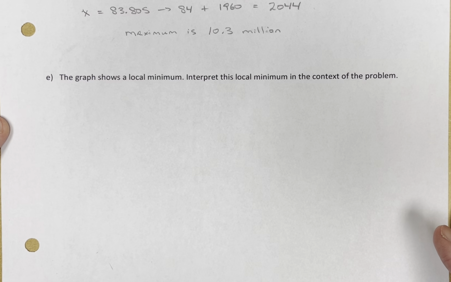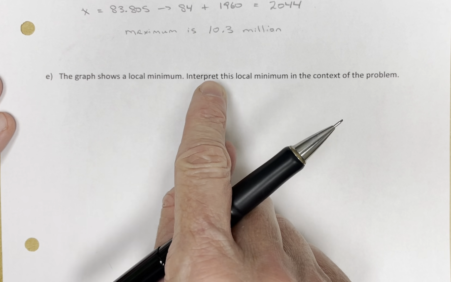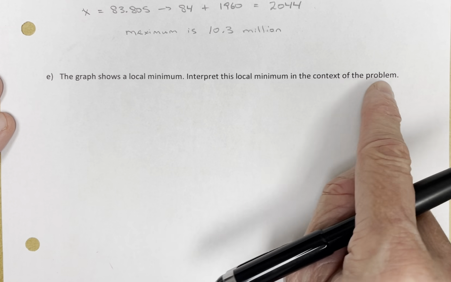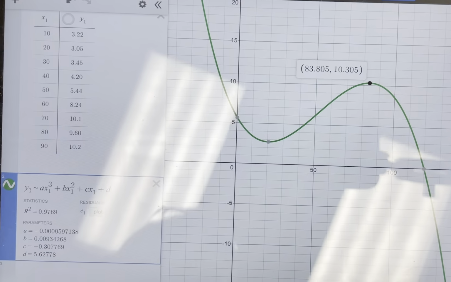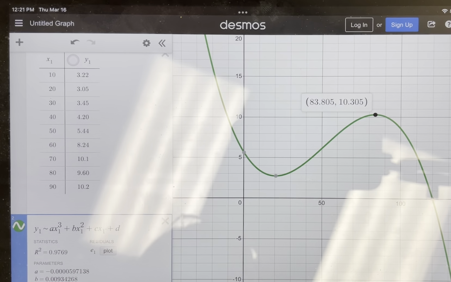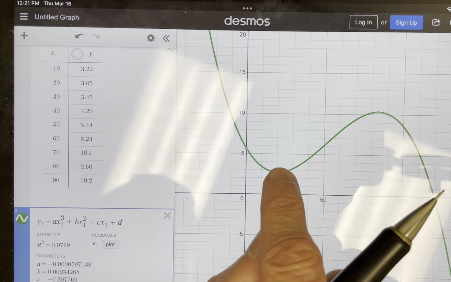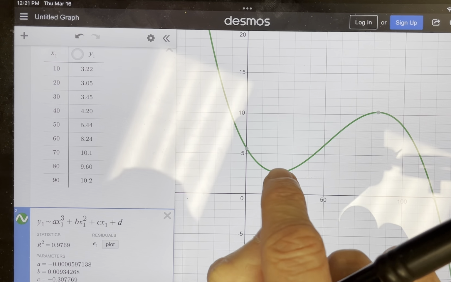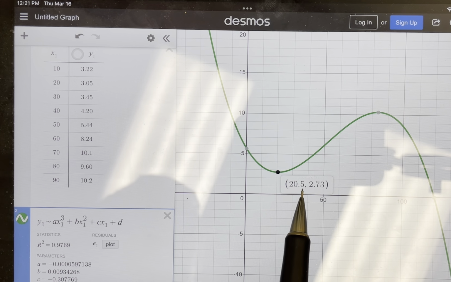All right, letter E. The graph shows a local minimum. Interpret this local minimum in the context of the problem. Okay, let's go back to our graph. Sure enough, that's our maximum. Here's the local minimum right there. It's already got a gray circle on it, so we can touch it. And that local minimum is 20.5 and 2.73.